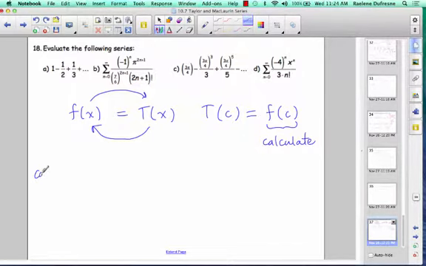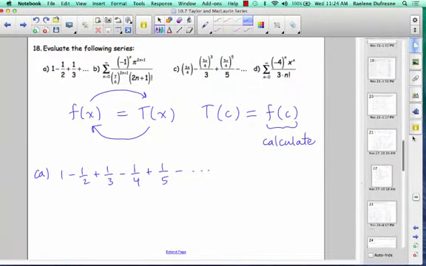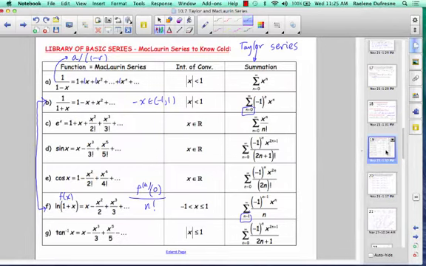And it's very hard to recognize what this series might look like if we don't know the basic series. So a quick look back to our basic series. And we should see from the expansion which series it reminds us most of.